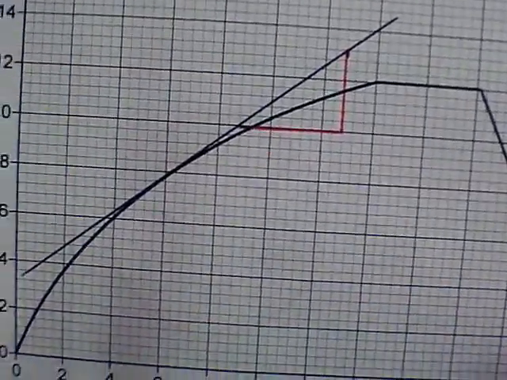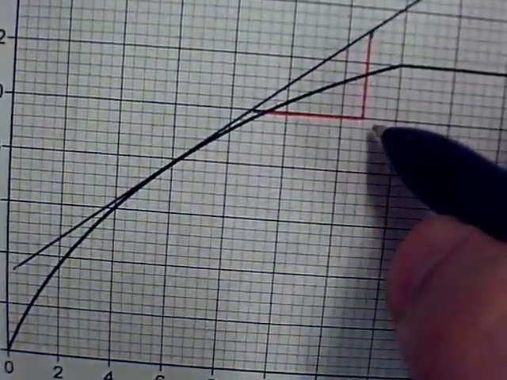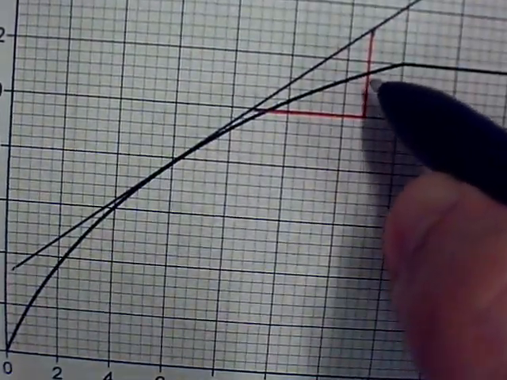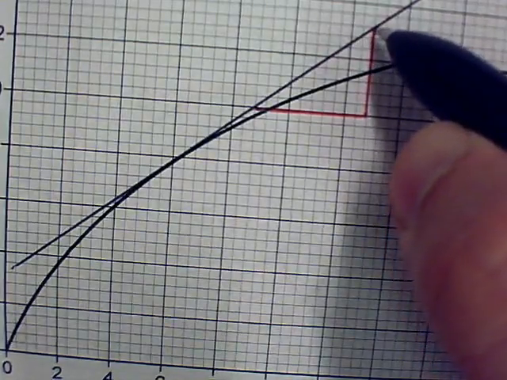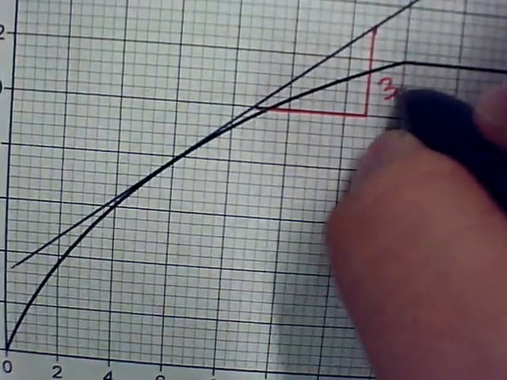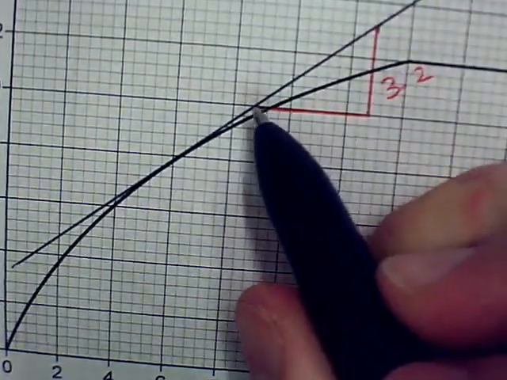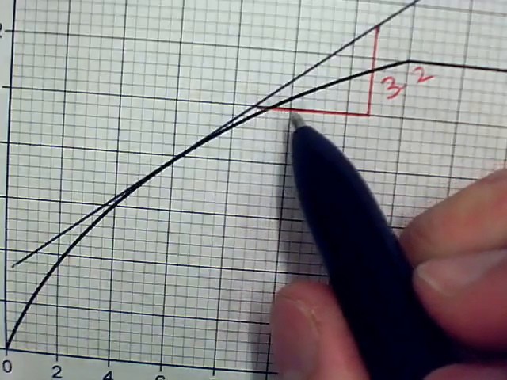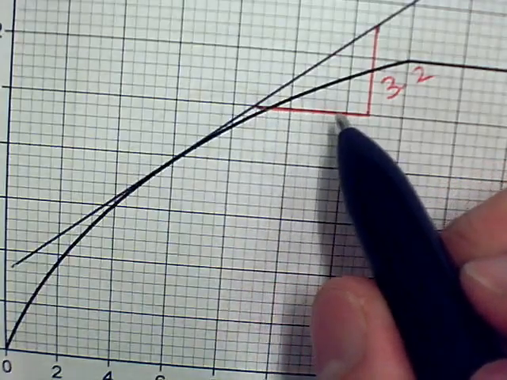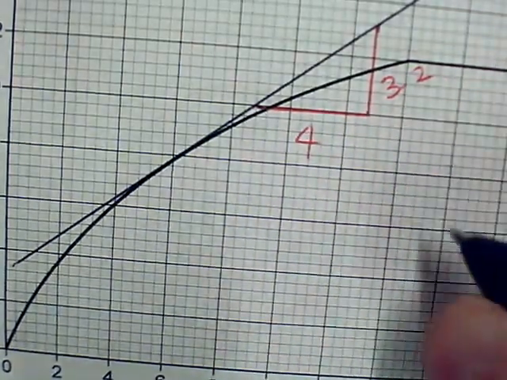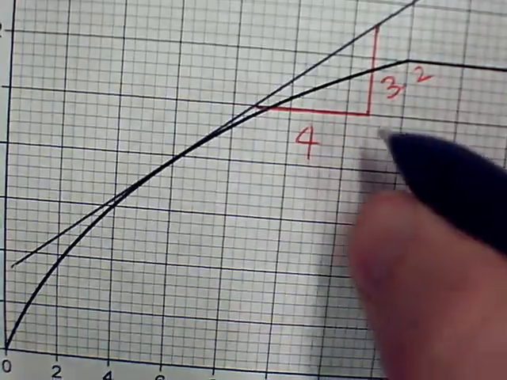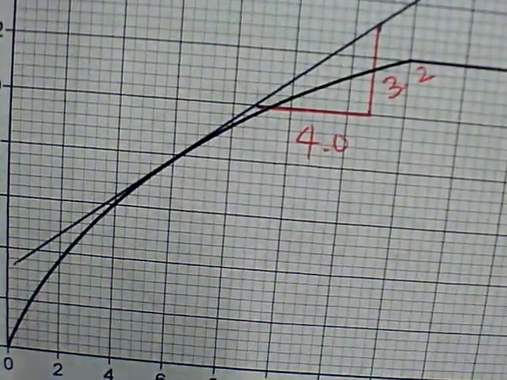So I know each square is worth 0.4, so counting up in 0.4s: 4, 8, 12, 16, 20, 24, 28, 32, so that's 3.2. And going along here, I've got 4, 8, 12, 16, 20, 24, 28, 32, 36, 40. So I can see that is 4.0.